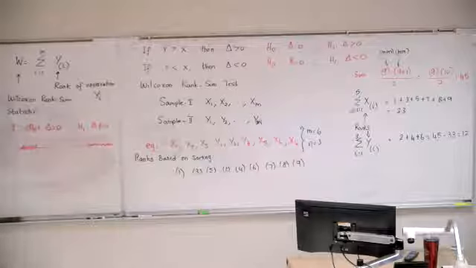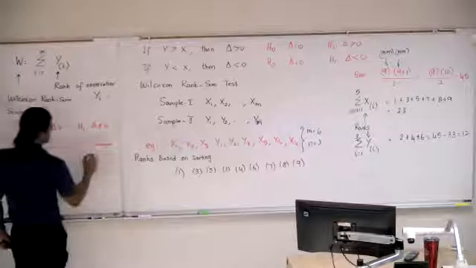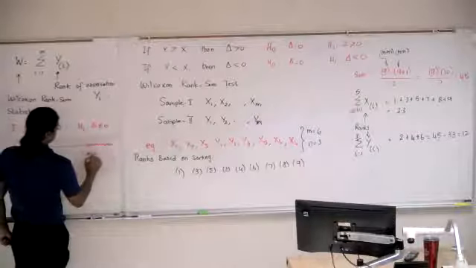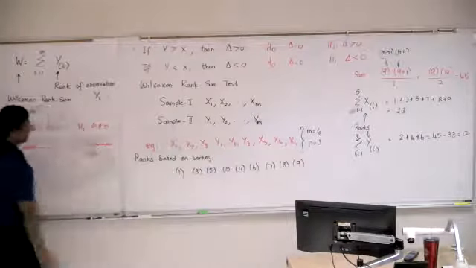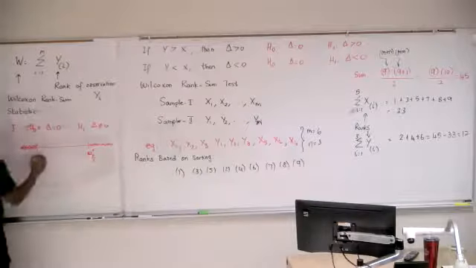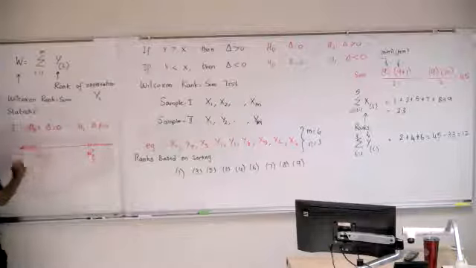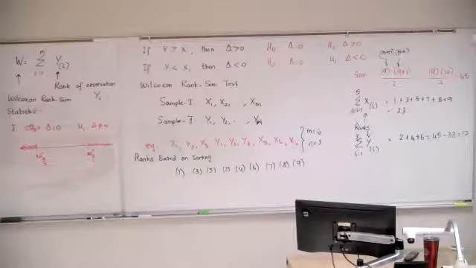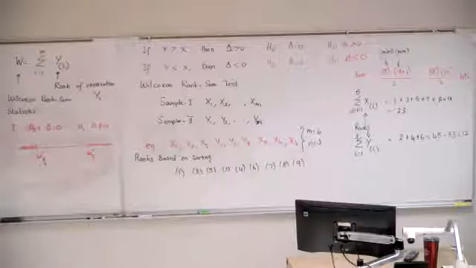Rejection region on the right, rejection region on the left. Critical value, I'll call it W alpha over 2 plus on the right side, W alpha over 2 minus on the left hand side. Why do we have alpha over 2 and not alpha? This is a two-tailed test. Good.